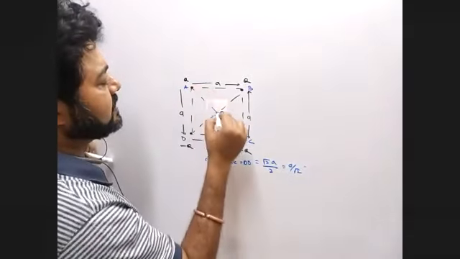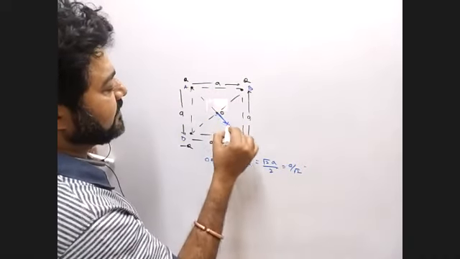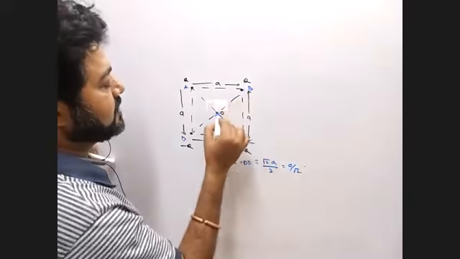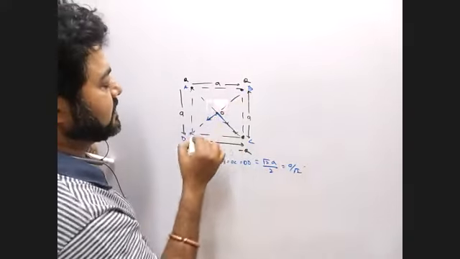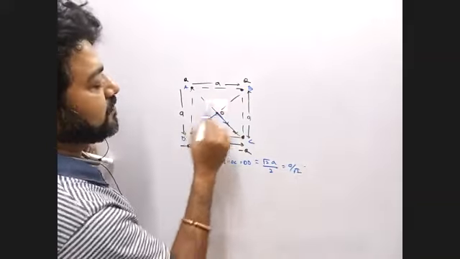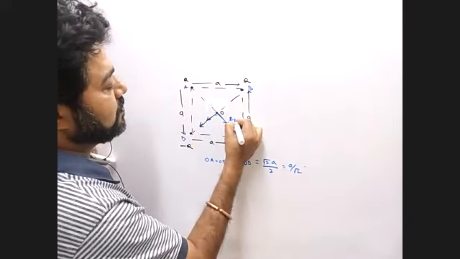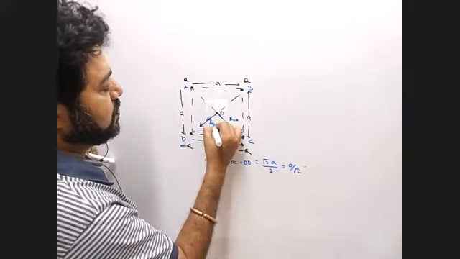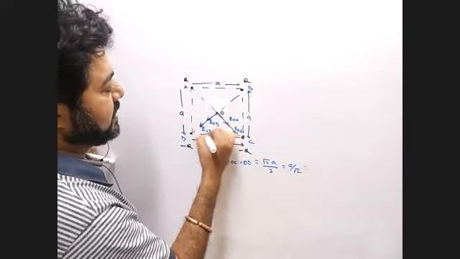Now see, in terms of electric field, this one is positive, so it is away. This one is negative, so it is towards. This one is positive, away. This one is negative, towards. And what are the values at O due to A, B, C, D?